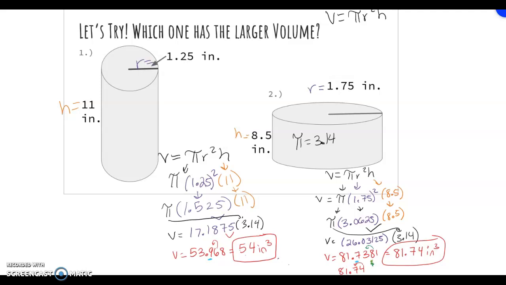So we can see that sometimes our eyes can trick us, especially if we think that a taller cylinder holds more volume. Sometimes in the cases, the shorter, wider one holds more volume. So we're going to get more practice throughout the week, but there's your first intro to cylinders.